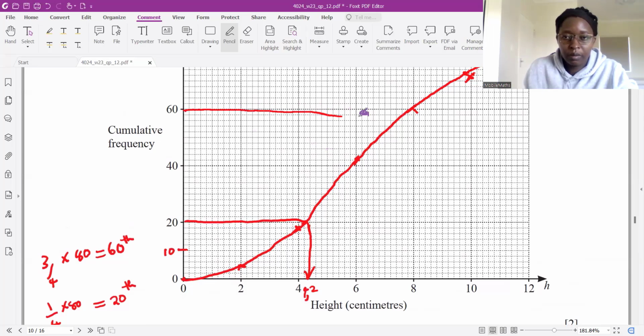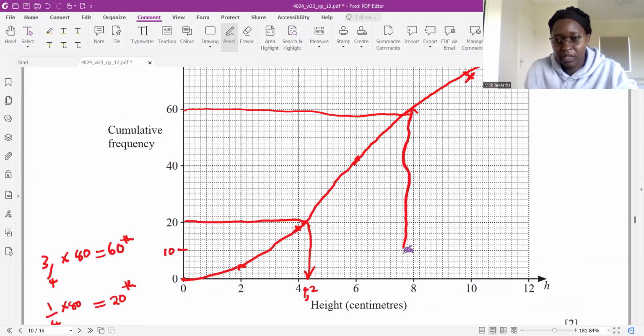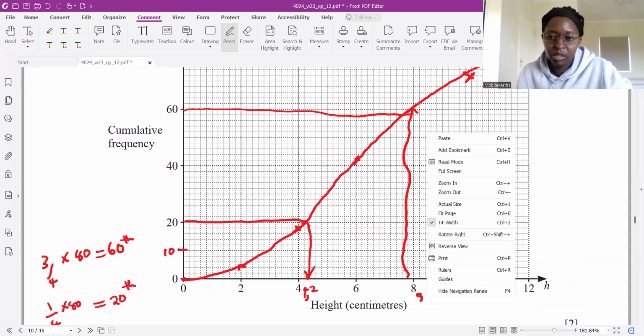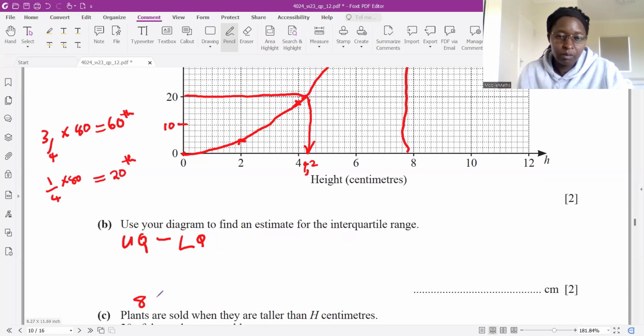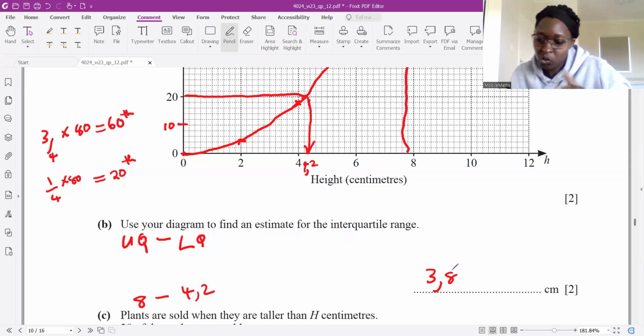We go there, we go down. So for 60, it's at 8. It's a straight line. It was 8 here. So our interquartile range is going to be 8 minus 4.2. This is going to give us 3.8. If you are in the range of 3.8, 3.5, 3.7, it's okay.